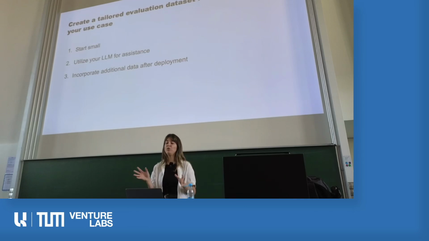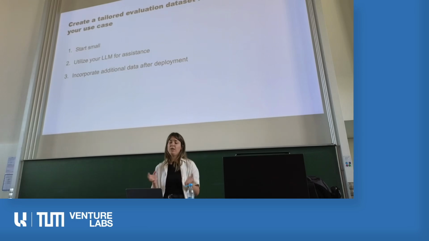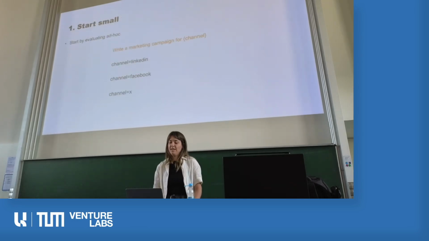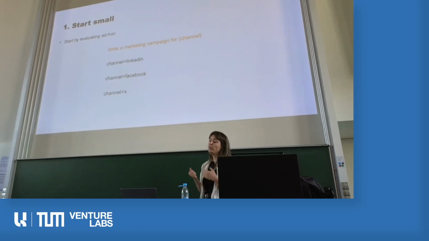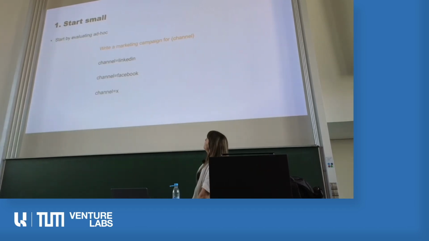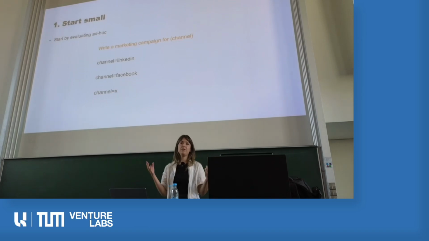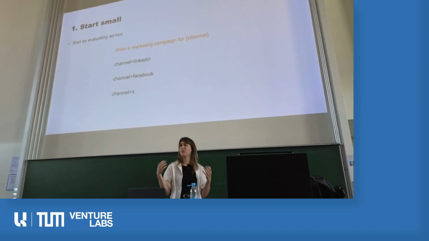So now I'm going to show you how you start small, and what that means. Let's say, for example, I want a use case where I generate marketing campaigns for a specific channel. This is a prompt: write me a marketing campaign for LinkedIn, Facebook, and so on.